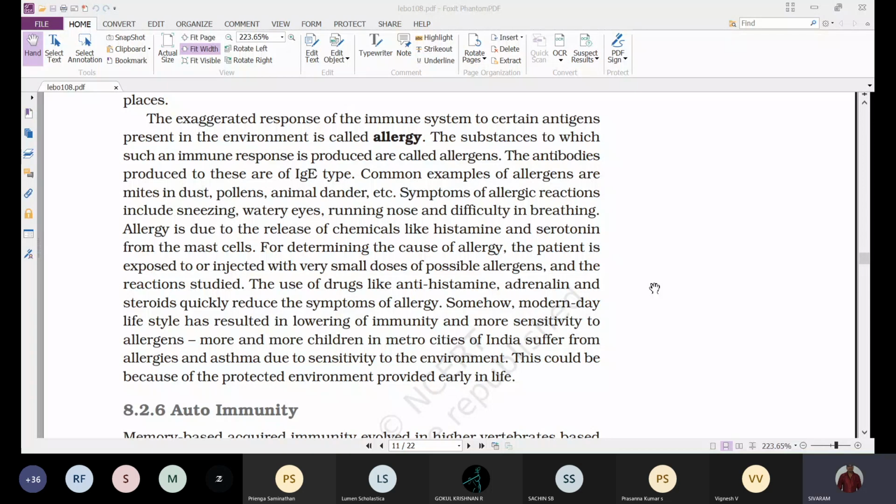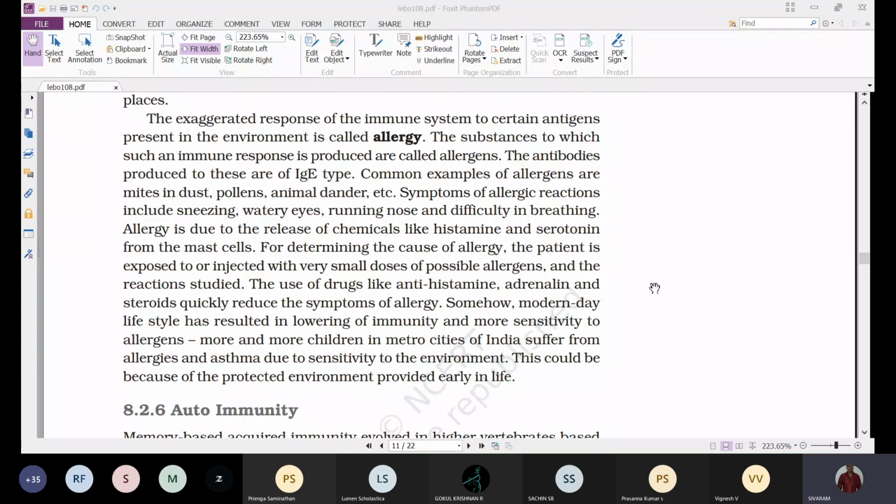Okay, and next, what are the antibodies that are mainly responsible for allergic reactions or allergic responses? That is nothing but IgE antibodies. Already we said there are different types of antibodies: IgG, IgM, IgE.